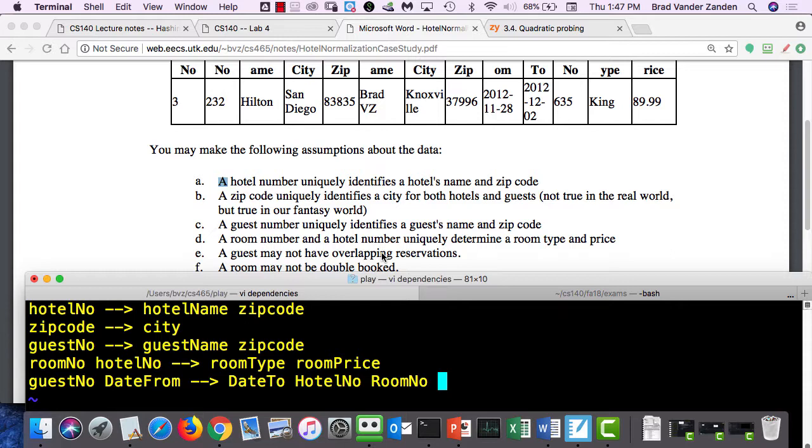Not allowed to have overlapping reservations. Very good. So the guest number and the date to determines the date from. Okay, it doesn't matter whether I know the beginning or the end. Each of them is uniquely determining the reservation because they can't overlap.